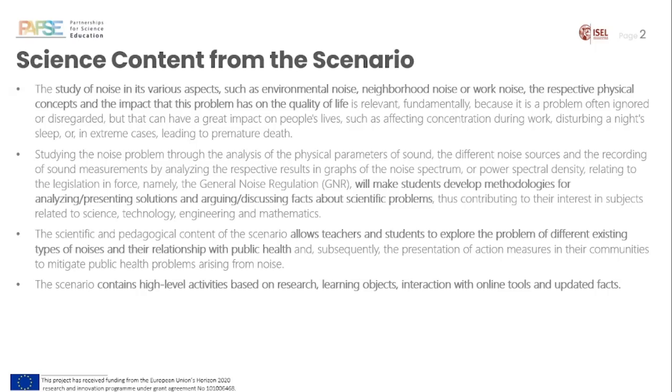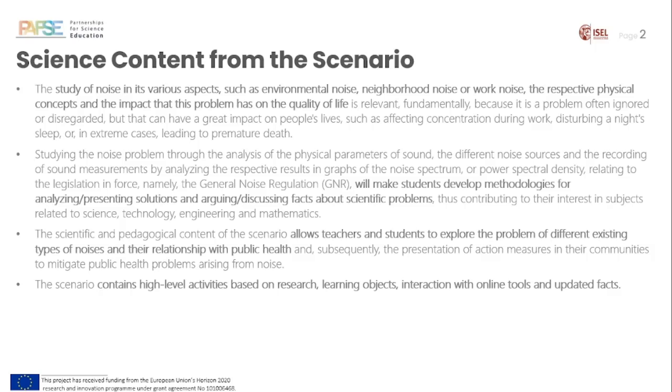And this scenario contains high-level activities based on research, learning objects, interaction with online tools, and updated scientific facts. So, with this scenario, basically, we want students to address the major concept of sound and distinguish this concept of sound from noise because they are two different physical concepts.